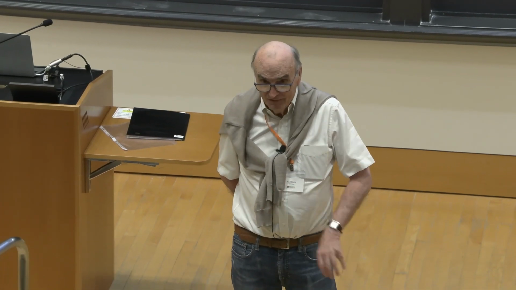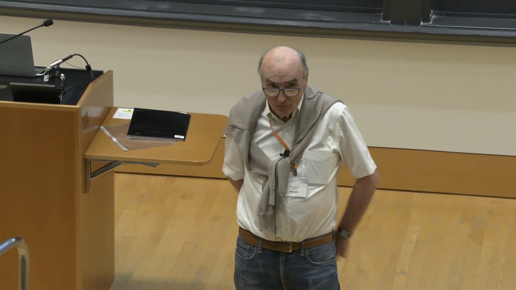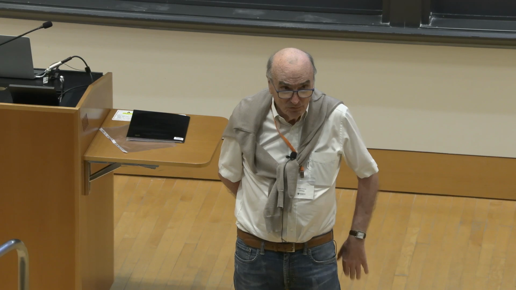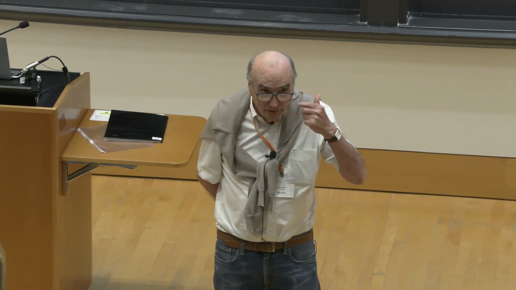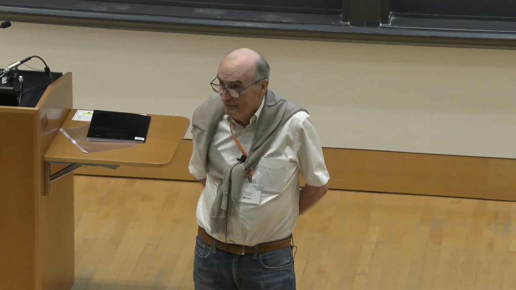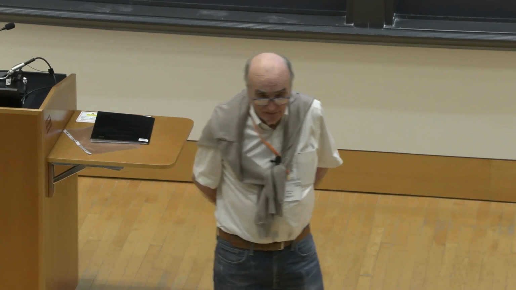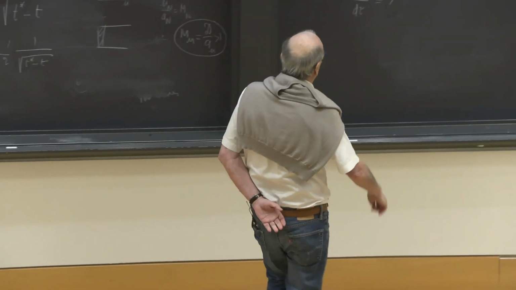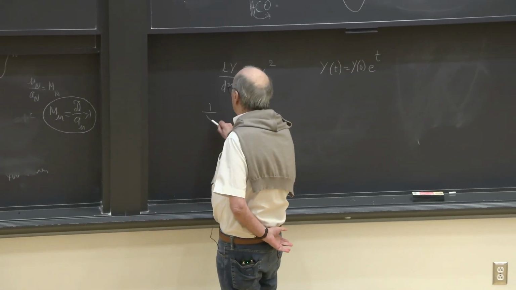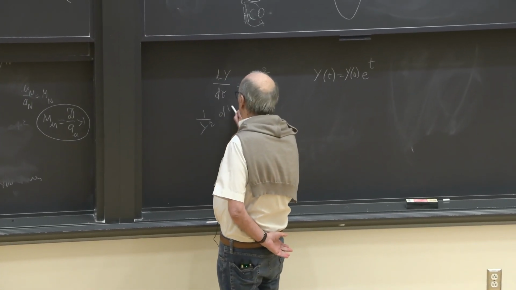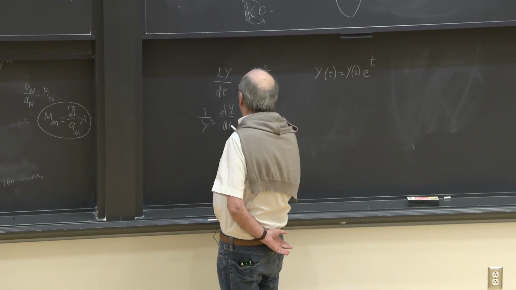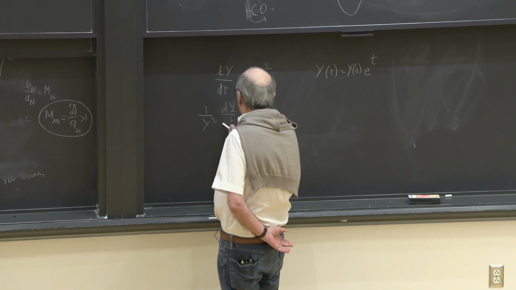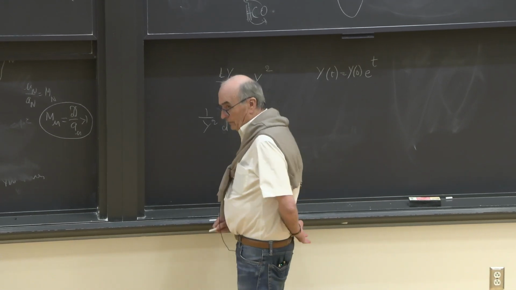Take a little effort. Do not wait for the solution from me. Just use your brain. You know what you do? You divide by y squared. And now you have 1 here.